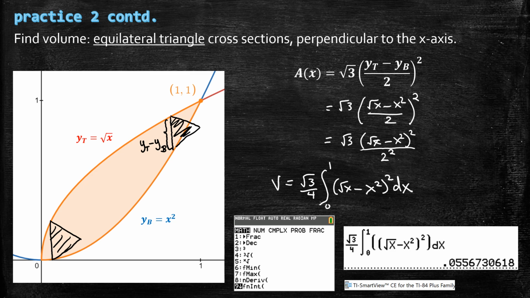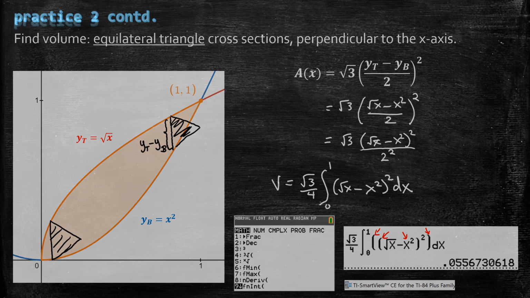You've got to make sure these parentheses are standard, so anything else that has to happen within that has to get a separate pair of parentheses, like in this case wanting to square this quantity. And the answer comes out to be 0.0557 rounded units cubed. So you can see that this is fractionally a smaller solid than we saw when we had square cross sections.